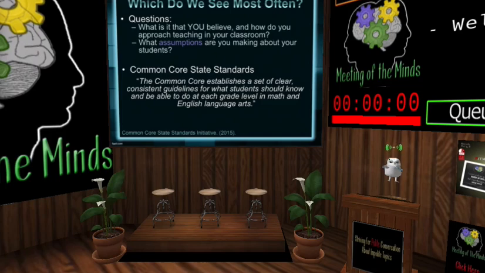Now, in the United States, there's been this large movement towards what's called the Common Core standards. And the idea behind the Common Core is that all students will graduate high school with the same knowledge and understandings for math and English language arts. There's also another set of standards called the Next Generation Science Standards, which covers the scope of science in K through 12.